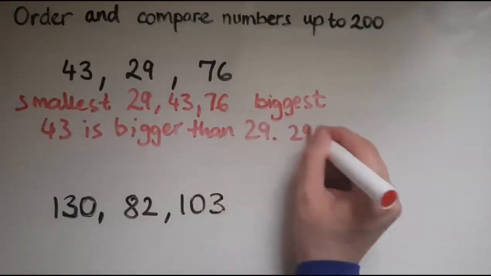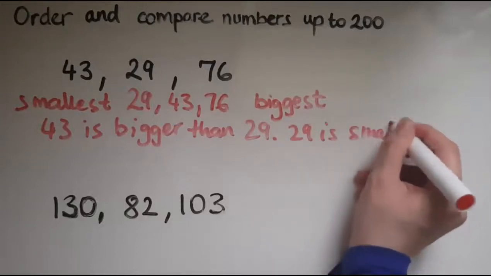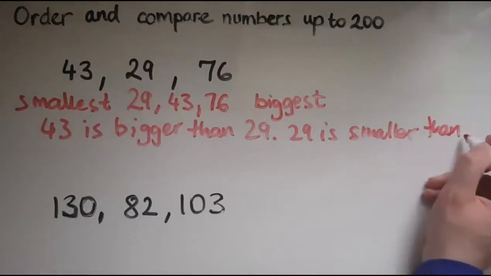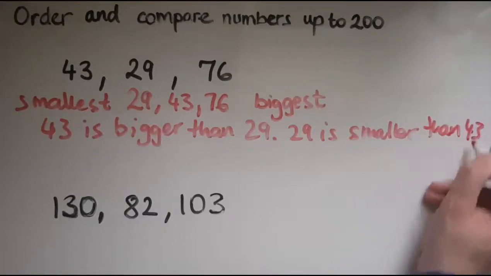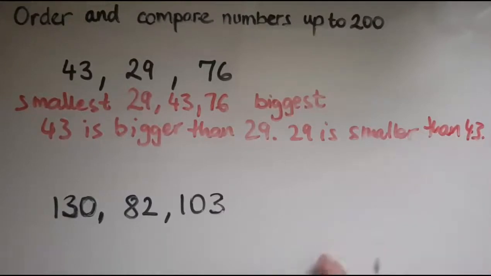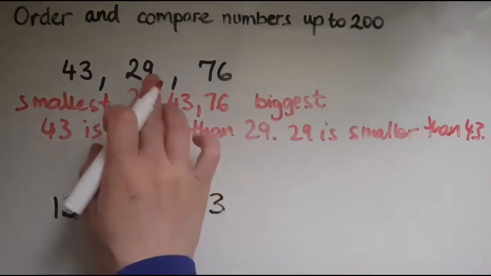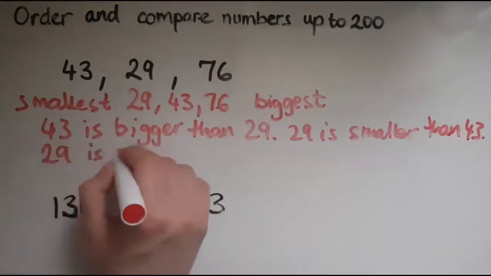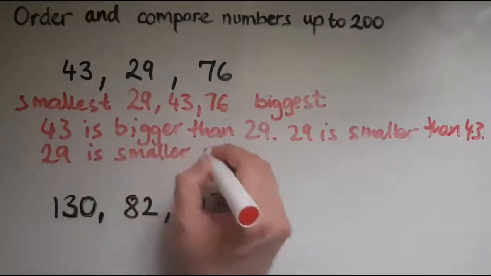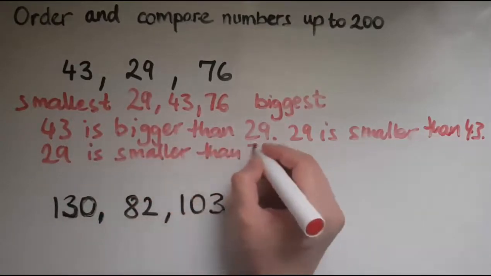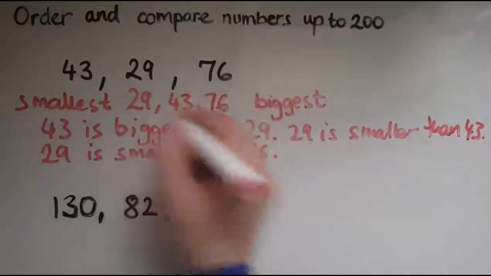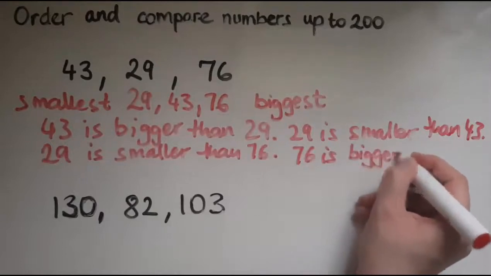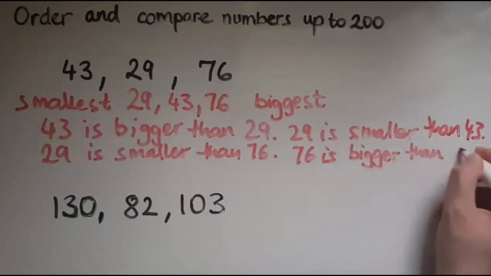So 29 is smaller than 43. 29 is smaller than 76, whereas 76 is bigger than 29.